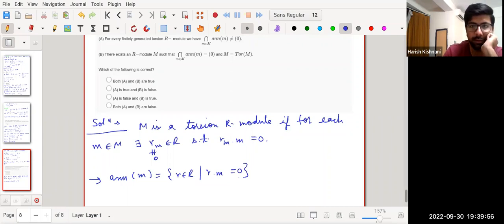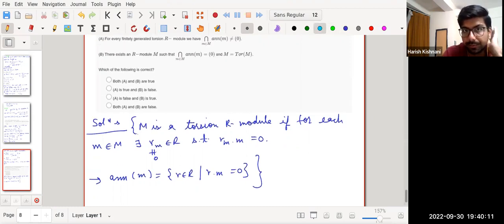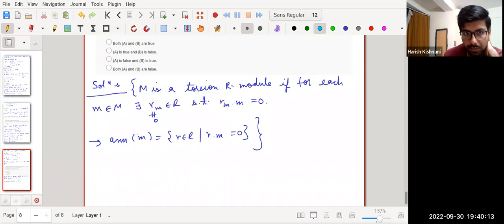Now let's go to the question. This is the recalling part, right? So we will now see the proof of the question statement A. So let's try to prove A.